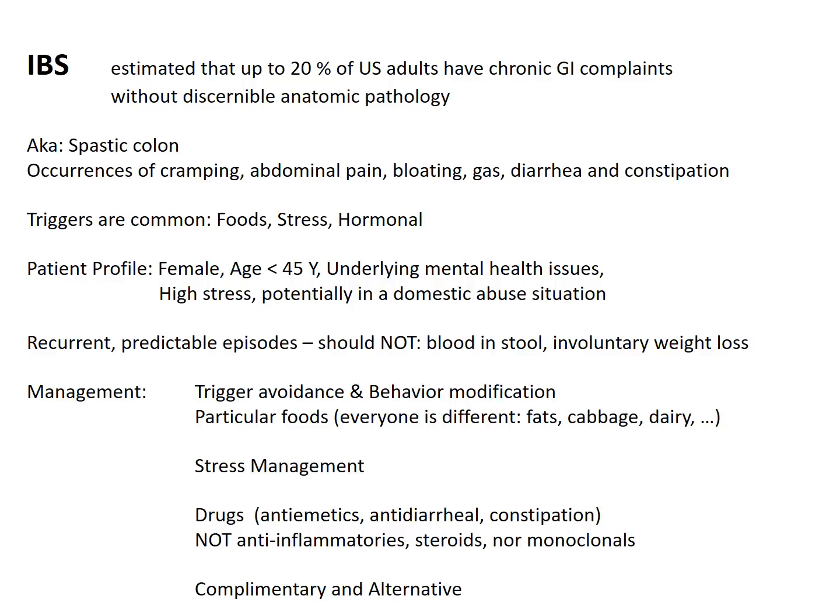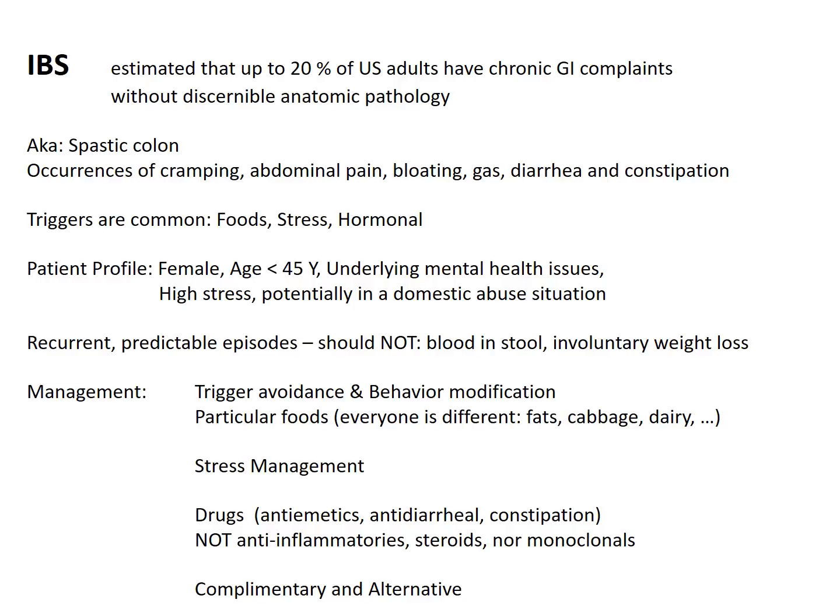All right, let's talk a little bit now about the difference between IBS and IBD. IBS, irritable bowel syndrome; IBD, inflammatory bowel disease. Irritable bowel syndrome, also known as spastic colon, affects as much as 20% of the U.S. adults. These are individuals who have chronic GI complaints such as cramping, pain, bloating, gas, diarrhea, and constipation.